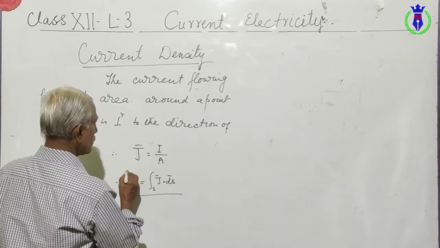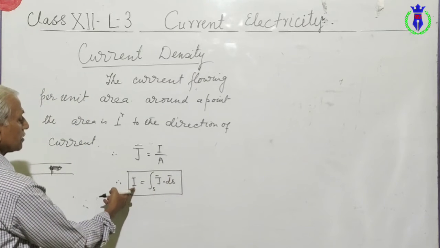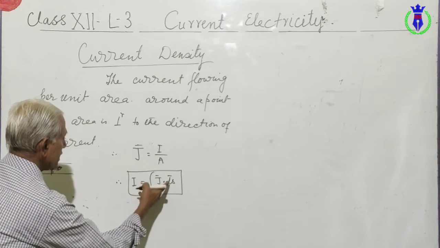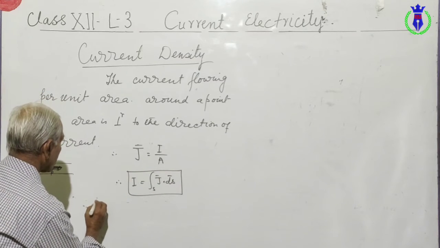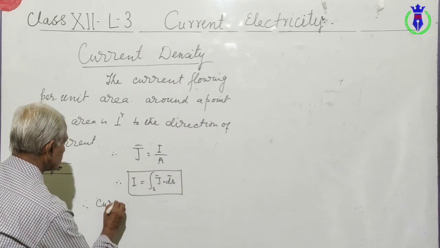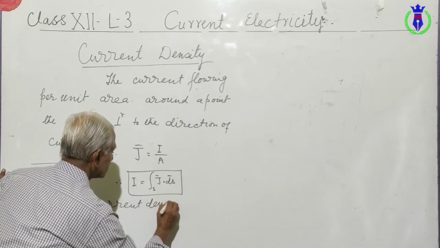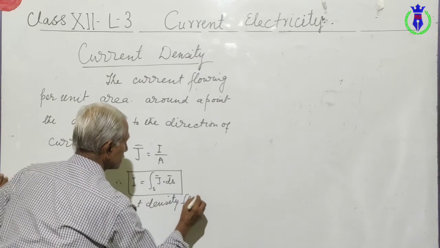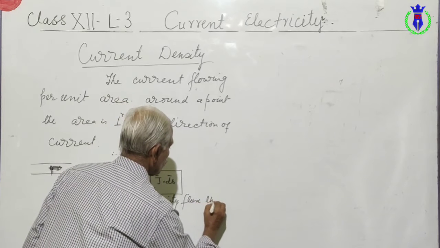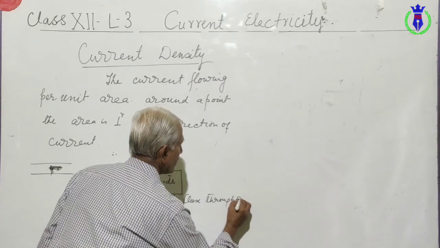This is also a definition of the current, where this is the current and this right hand side part is called the current density flux through the surface.